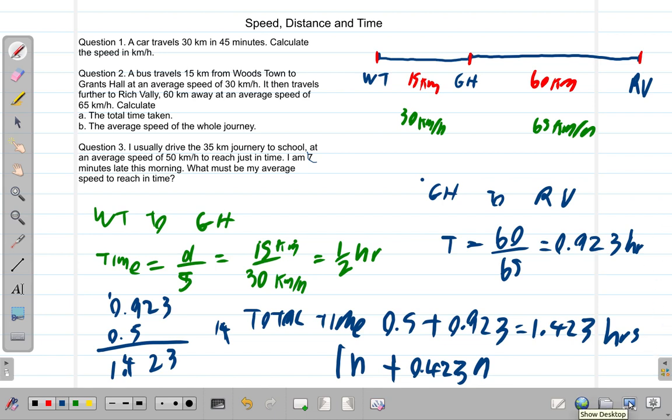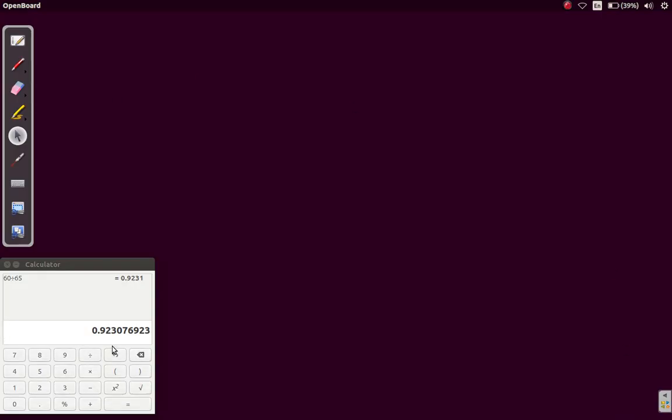And we can convert that 0.423 hours into minutes. So you can say 1 hour and how many minutes. So let's do that. What must we do to turn 0.423 hours into minutes? Well, you know that 1 hour is 60 minutes. 0.5 hours is 0.5 by 60, which is 30 minutes.